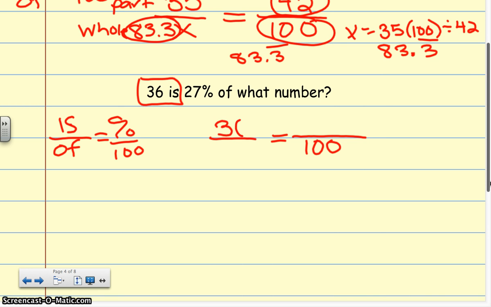So 36 is 27%. What's connected to that 27? It's percent, because you say 27% of what? What is really connected to the of is x. So 27 goes here, and then x goes there. So I would say 36 times 100 divided by 27.